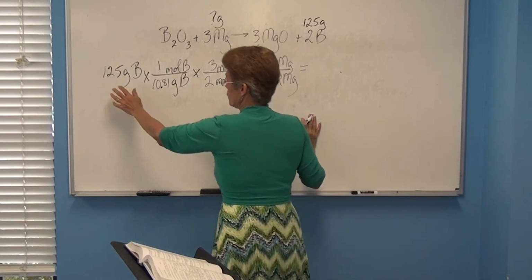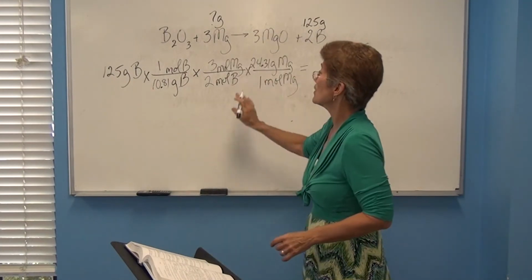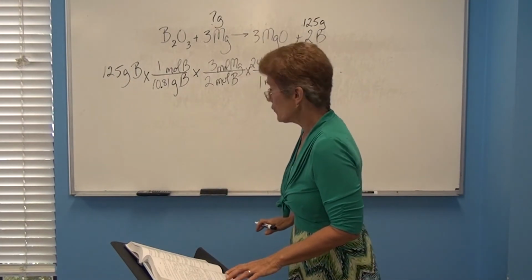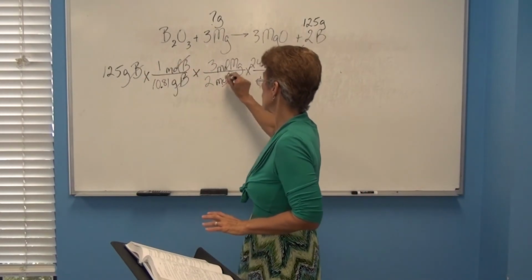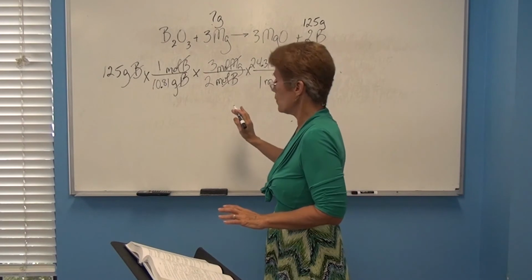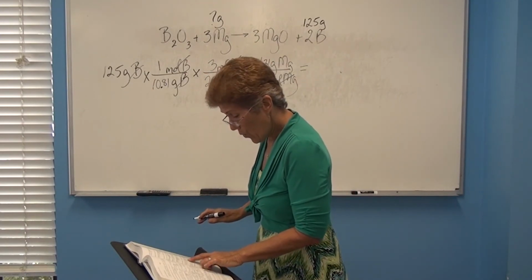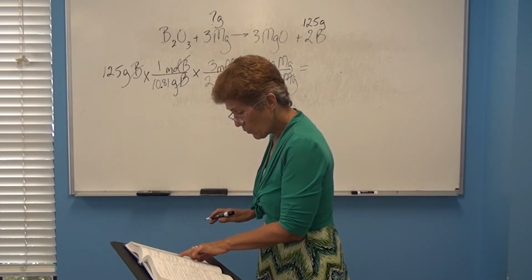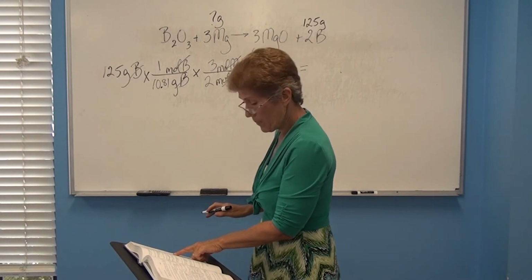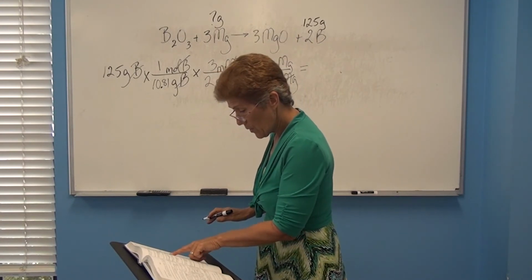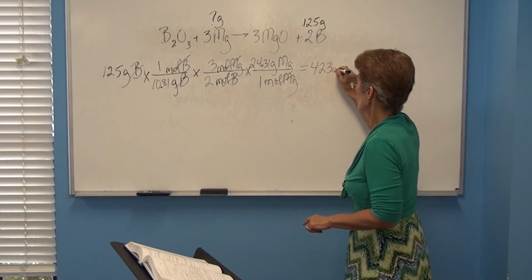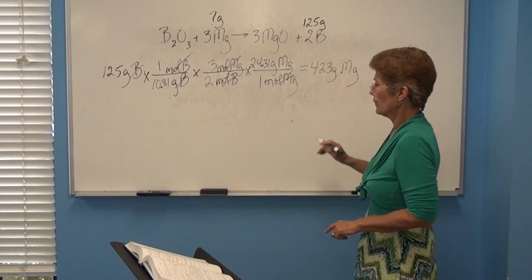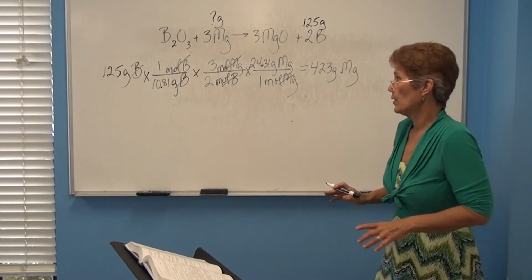Now, we have 3 significant figures that is going to limit us, because there's 4 there and there's 4 there. So the 3 significant figures, let's make sure this cancels, this cancels, this cancels. Good, we're left with what we need. And so when we do all that, we end up with 423 grams of magnesium.